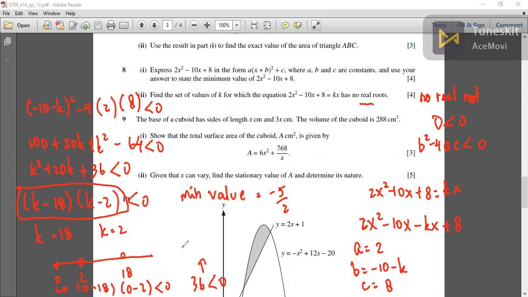So this statement is wrong. So this part is not included, and this one will be correct. So the set of k values will be 2 smaller than k smaller than 18.